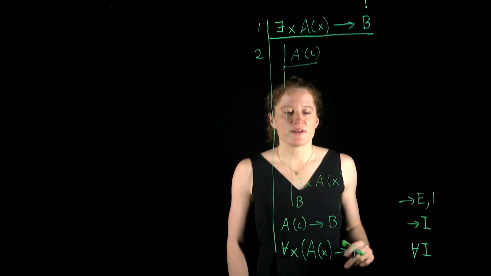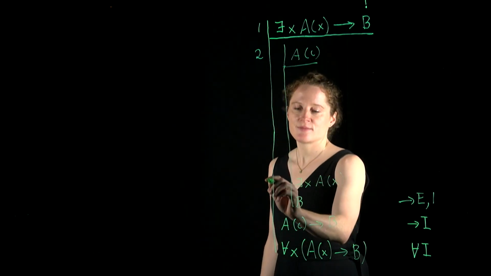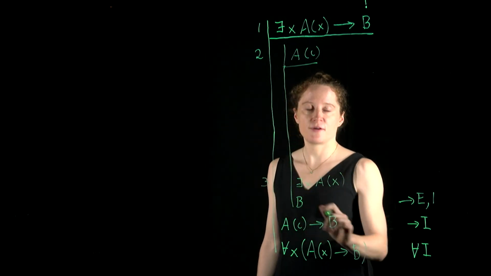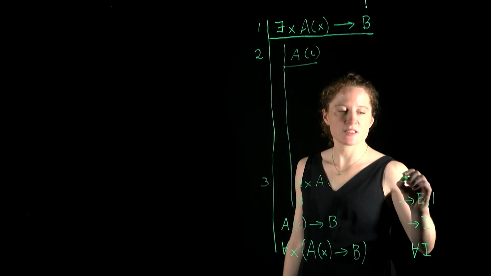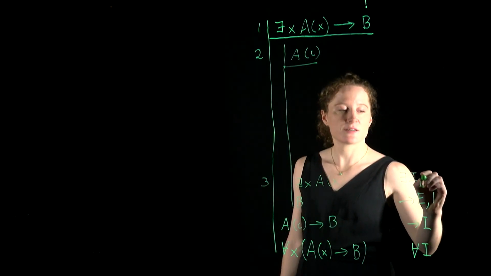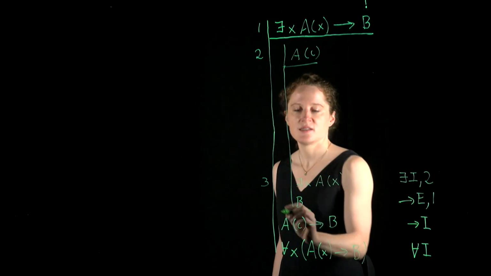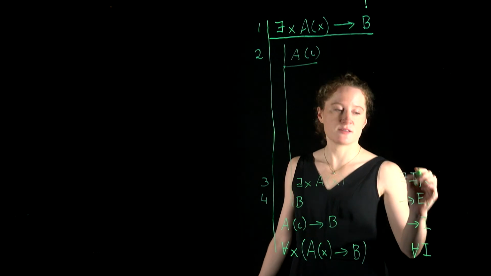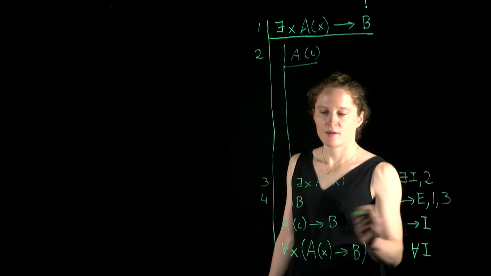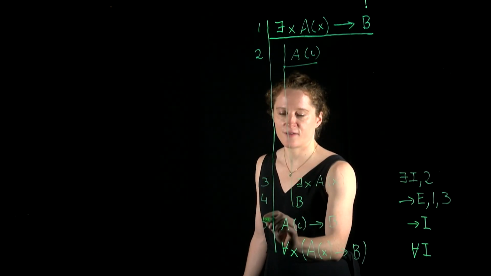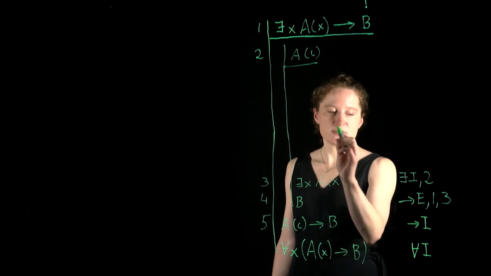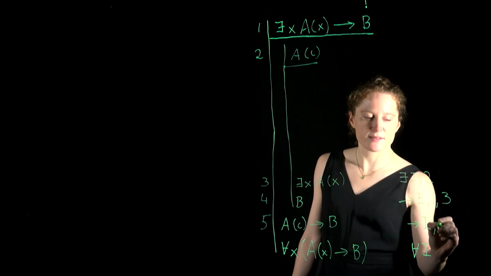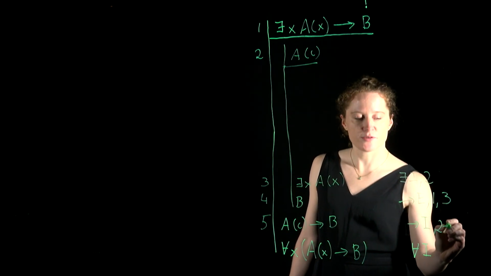But now proving that there's an x such that Ax, in fact, is easy. I can infer this using existential introduction applied to line 2. And now I can infer B using conditional elimination applied to lines 1 and 3. I can infer if AC then B using conditional introduction applied to the subproof from 2 to 4.